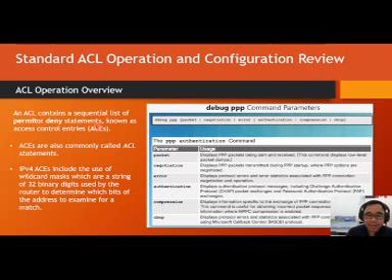An ACL contains a sequential list of permit or deny statements known as access control entries, or ACEs. ACEs are also commonly called ACL statements. IPv4 ACEs include the use of wildcard masks, which are a string of 32 binary digits used by the router to determine which bits of the address to examine for a match.